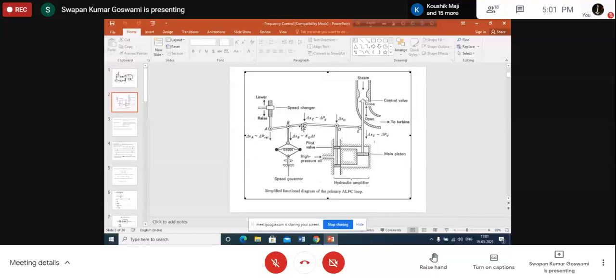Whenever A is moved down, what happens? C moves up. That means a negative movement of C is effected when a positive movement of A takes place. Is it clear? Similarly, if A is fixed and the speed increases, B moves down.